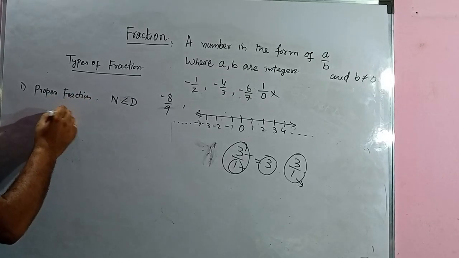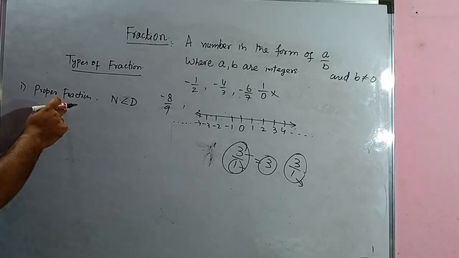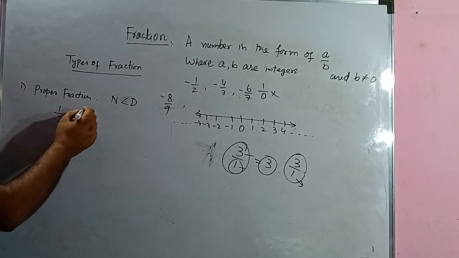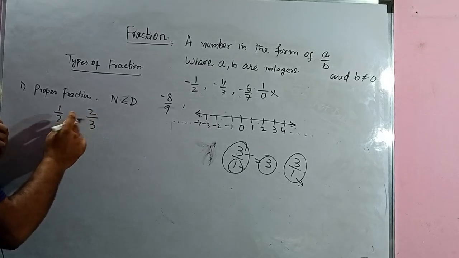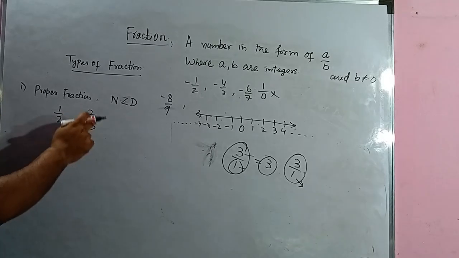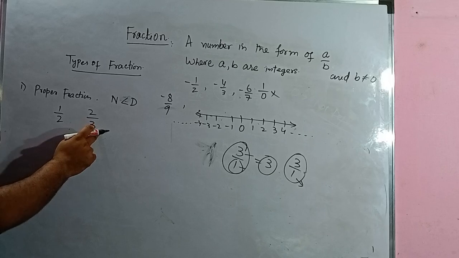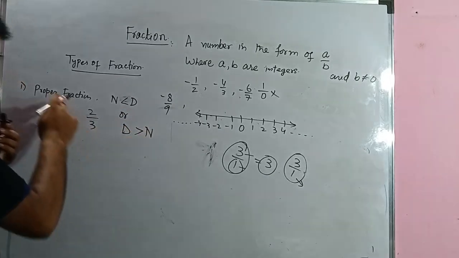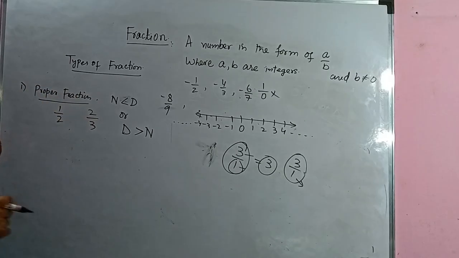For example, 1 by 2. Here you can see the numerator is less than the denominator, so this is called a proper fraction. If I write 2 by 3, this is also a proper fraction. Why? The numerator is less than the denominator, or I can say the denominator is greater than the numerator. That's called a proper fraction.